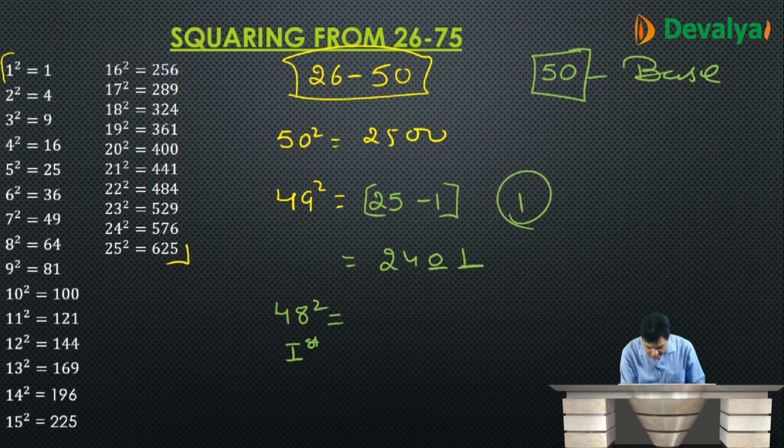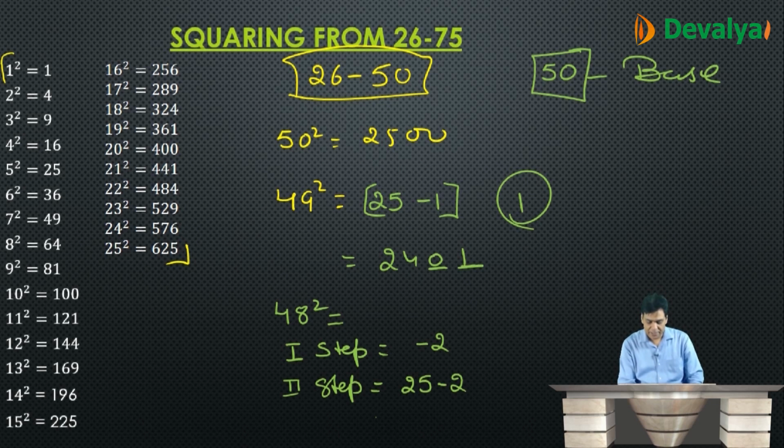In the first step, I subtracted the base from the number itself, that is 48 minus 50, which is negative 2. After that, in the second step, I subtract this difference from 25.